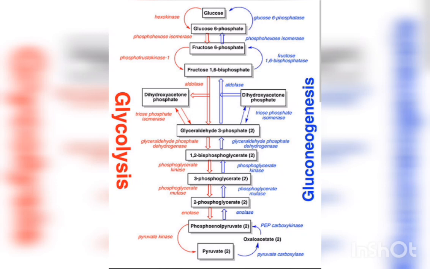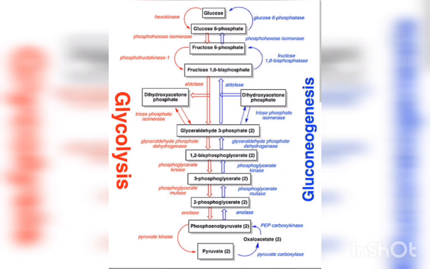Glycogen degradation, also known as glycogenolysis, is a process by which glycogen is broken down into glucose molecules. The process occurs in response to the hormone glucagon and occurs primarily in the liver.